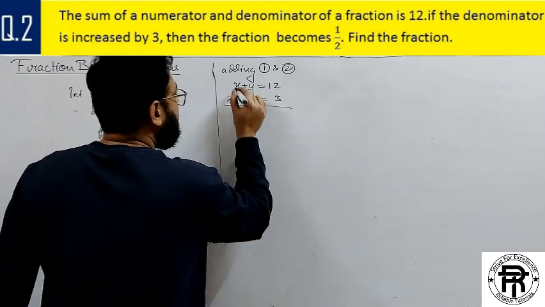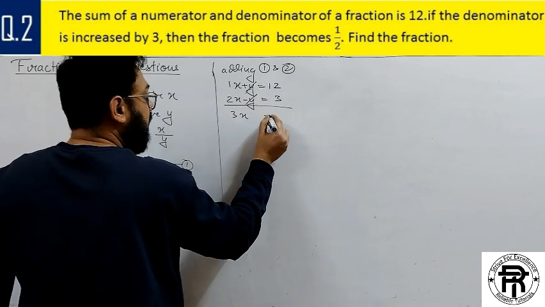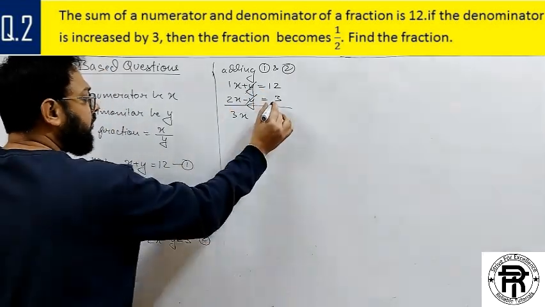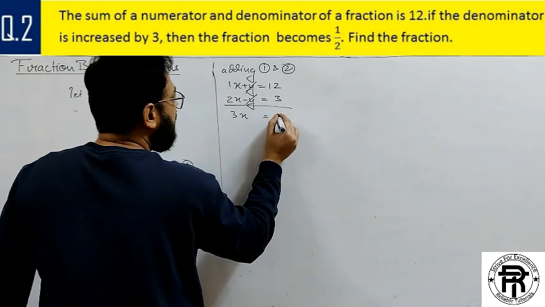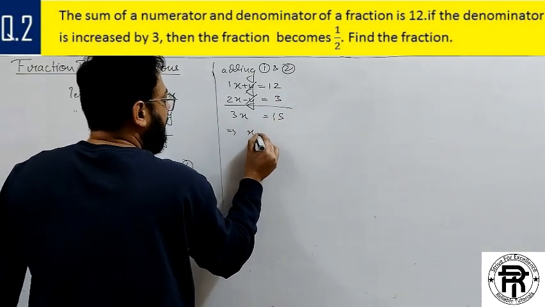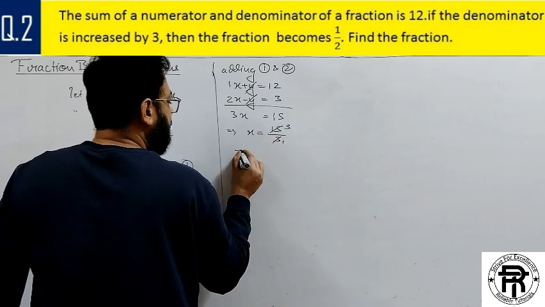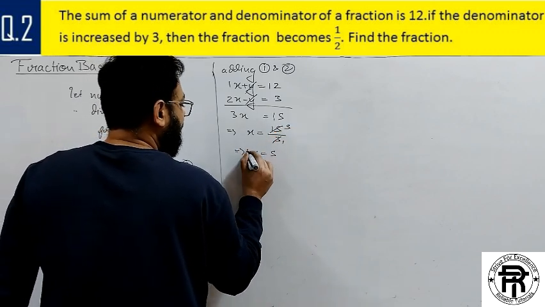When we add, x means 1x plus 2x, that is 3x plus y minus y, cancel, because we are adding, sign will not change, of the second term, is equals to 12 plus 3, that is 15. That means the value of x is equals to 15 upon 3, that means the value of x is equals to 5.